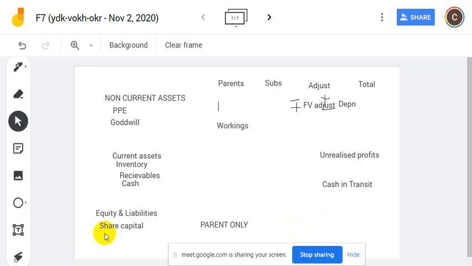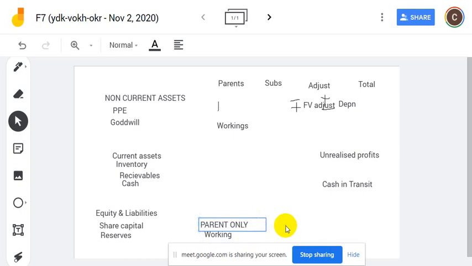Then you bring your reserves. The reserves will come from the working. Remember, we have done a consolidated reserves working.